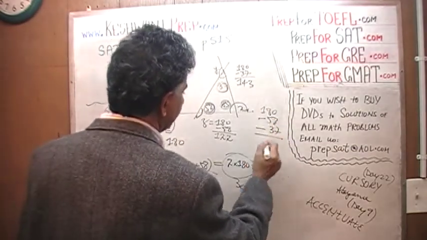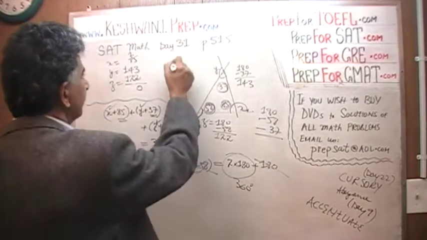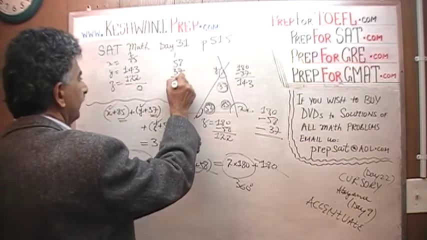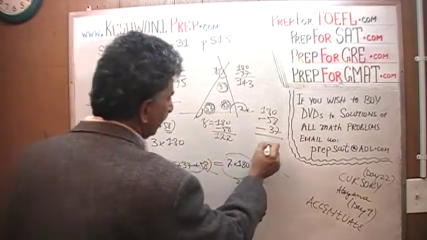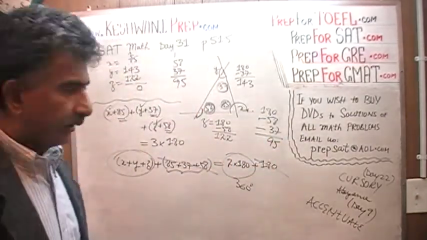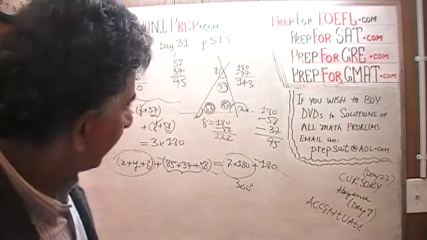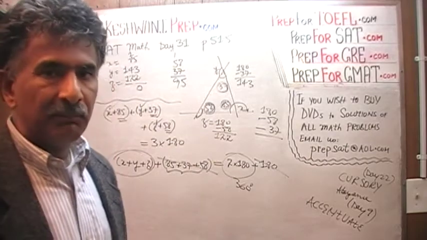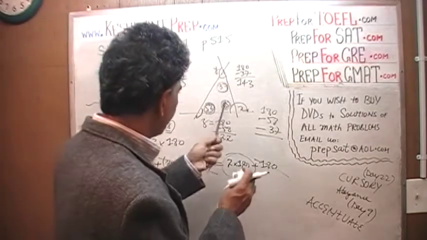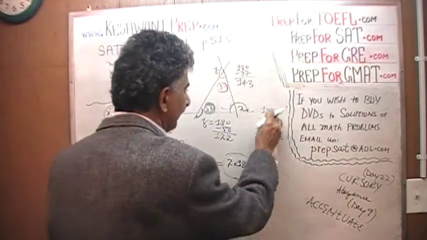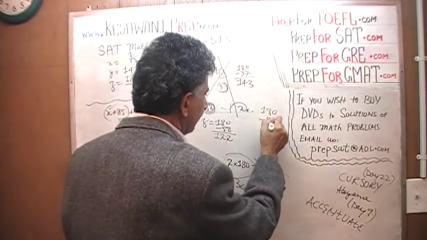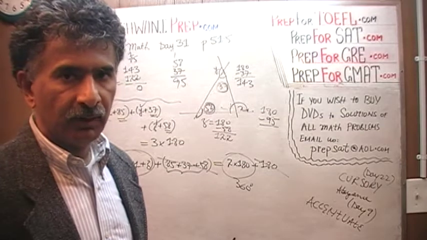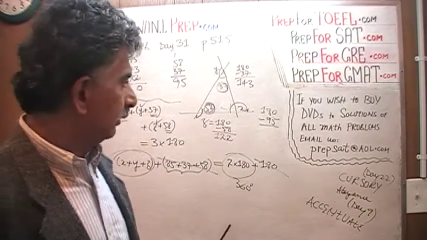Let's figure out what 58 plus 37 is. 58 plus 37 is 5, carry 1, 8, is 95. This adds up to 95, which means 180 minus 95. This angle that you see there is 180 minus 95. 180 minus 100 would have been 80, so it's 85.